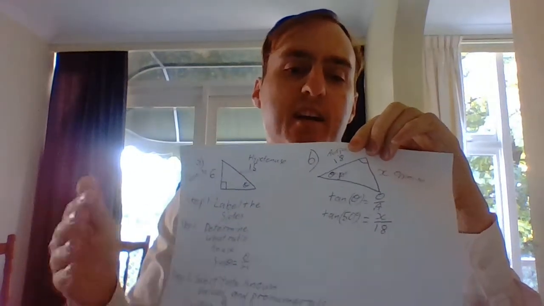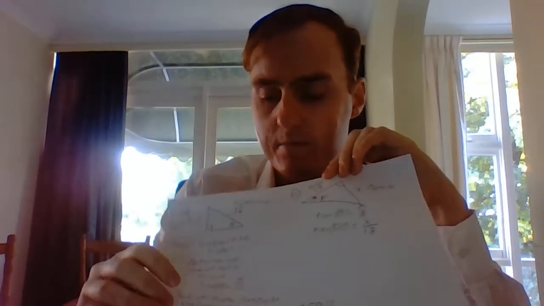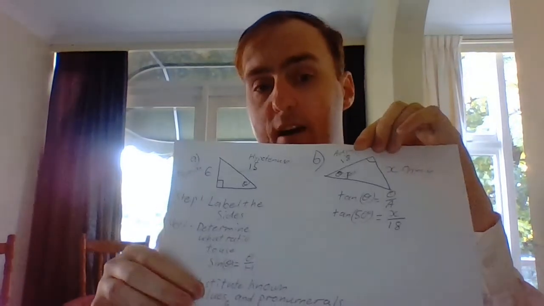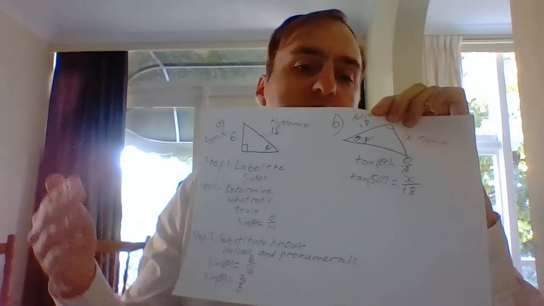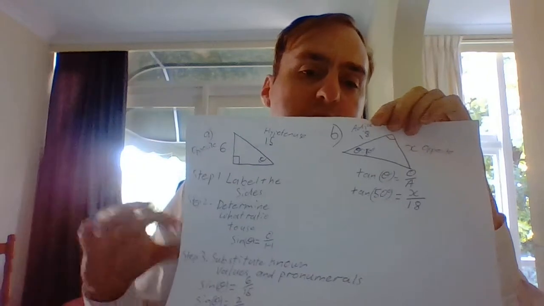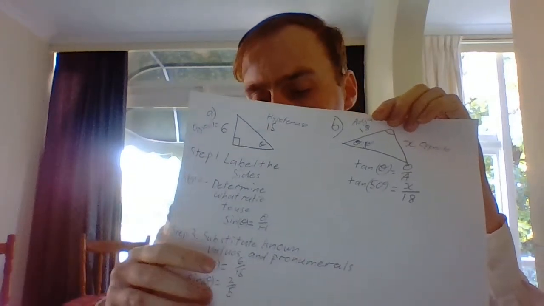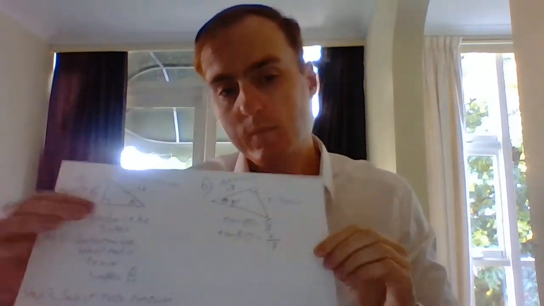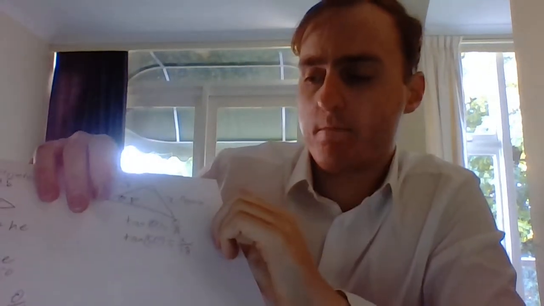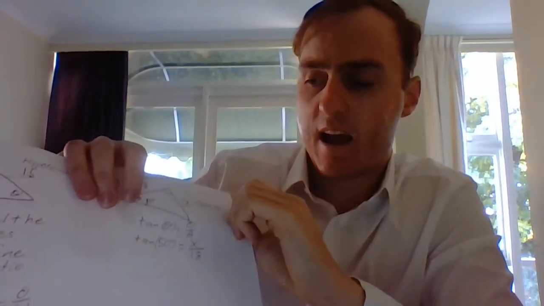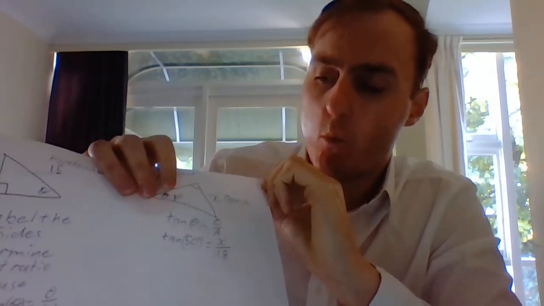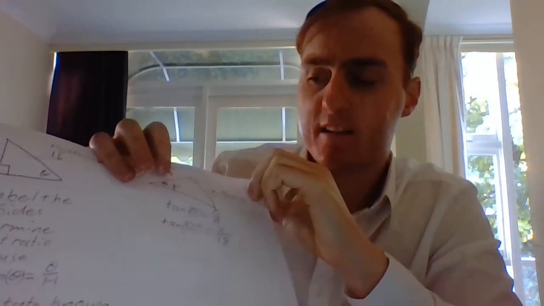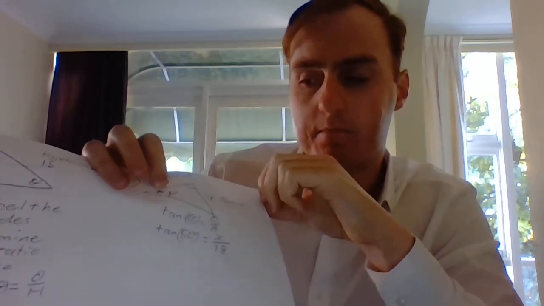So sine theta equals opposite over hypotenuse. We substitute in our known values, so we have our side length 6 and our side length 15. So sine theta equals 6 over 15. We then simplify this down to 2 over 5. Now with our second example, we have our angle theta is given as 50 degrees. We have two marked sides, so we have 18 and x.